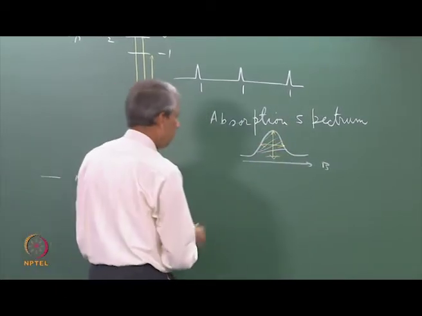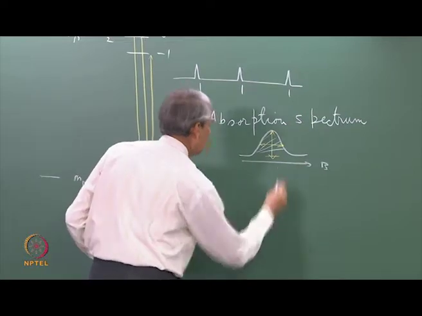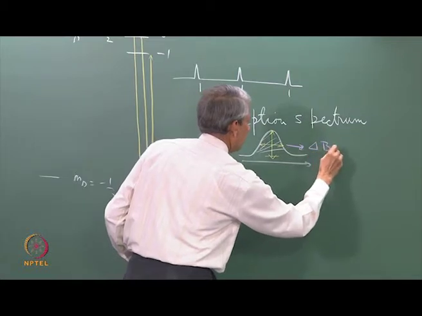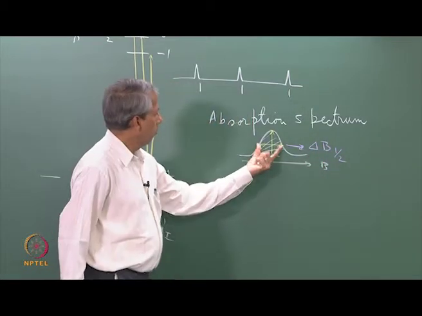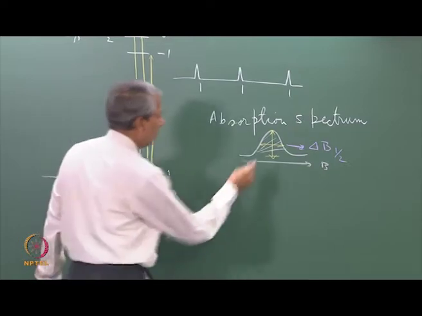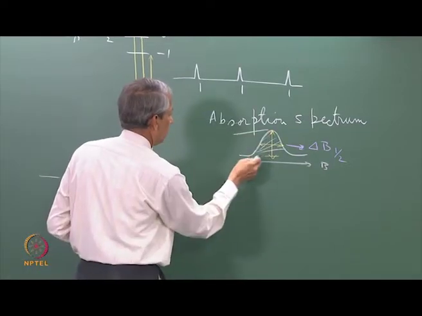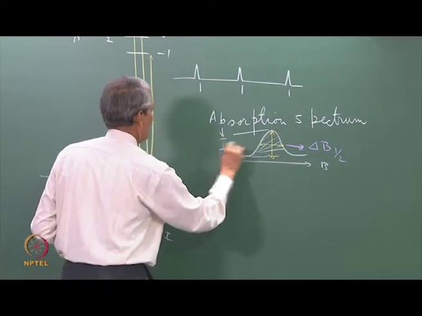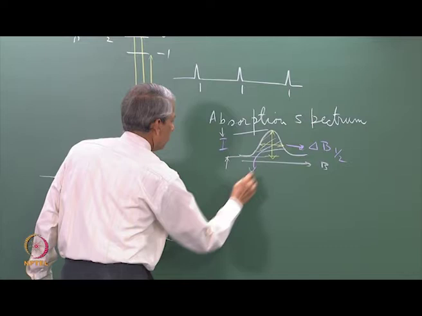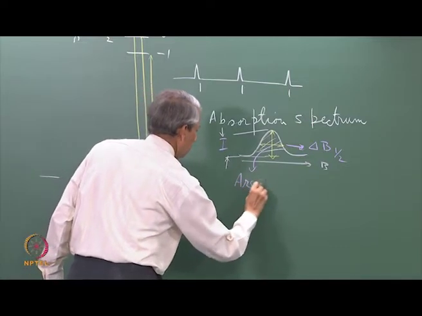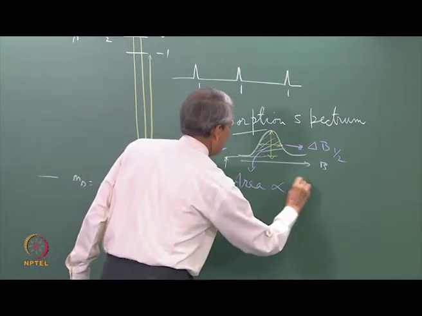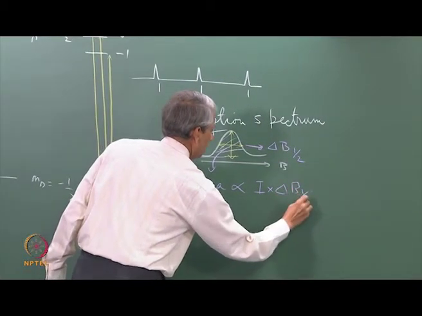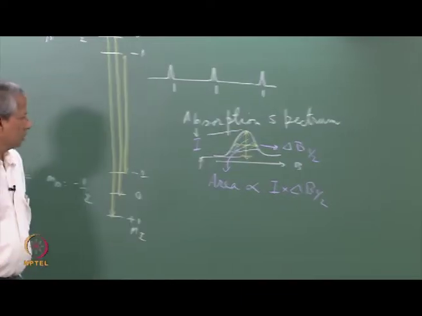So this I will call delta B half, that is the full width at half maximum of the intensity, and this one let us call it I, then this area is proportional to I into delta B half. That we all understand.